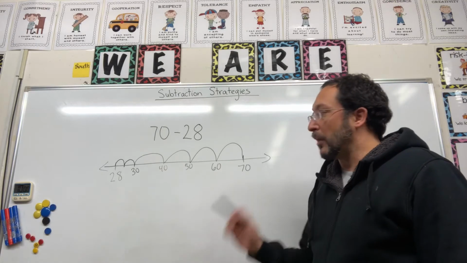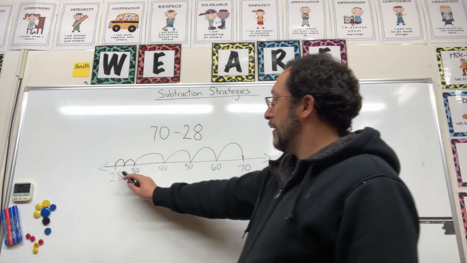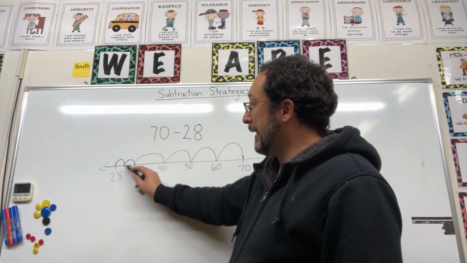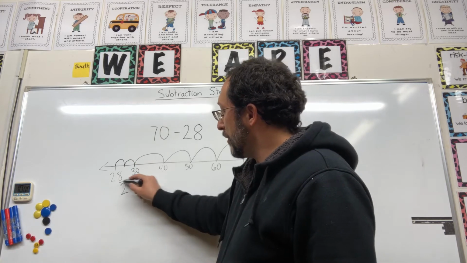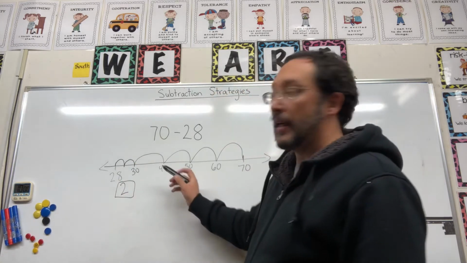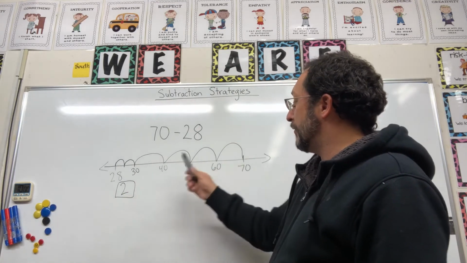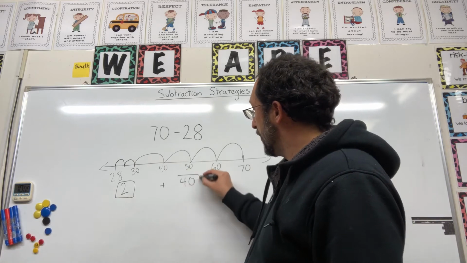Now, the quick way to look at it: I count my ones between 28 and 30. Easy to count, there are 2 little humps, so my number here is 2. Then I count my tens, 10, 20, 30, 40. I see 4 humps, so this is 40.